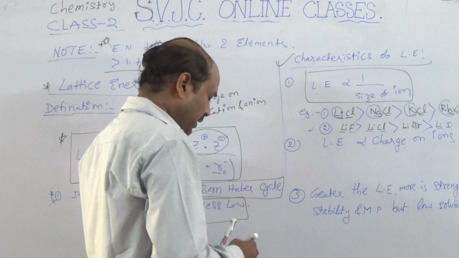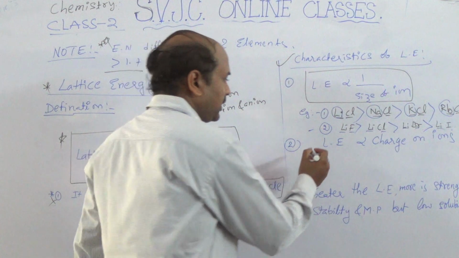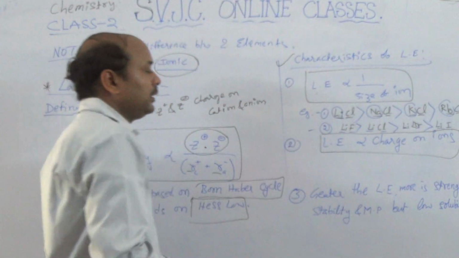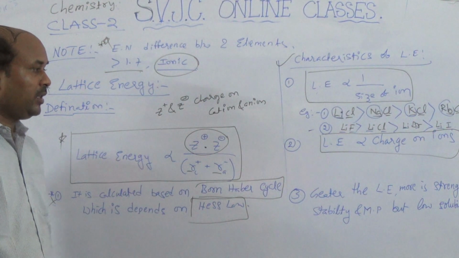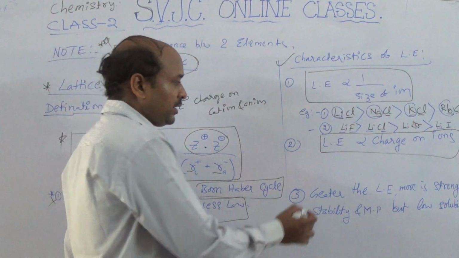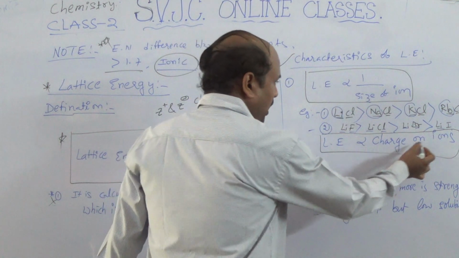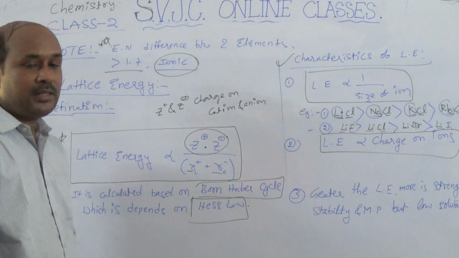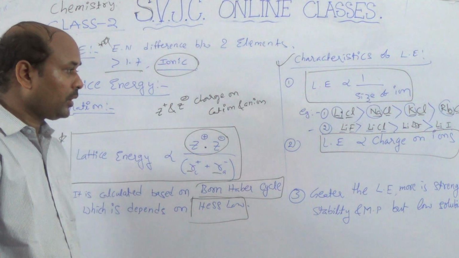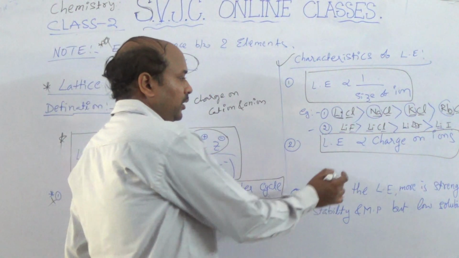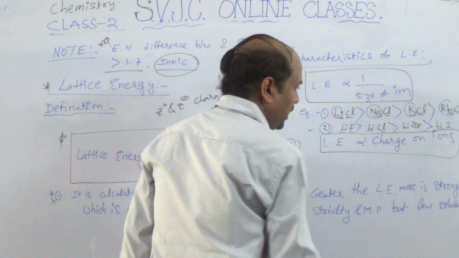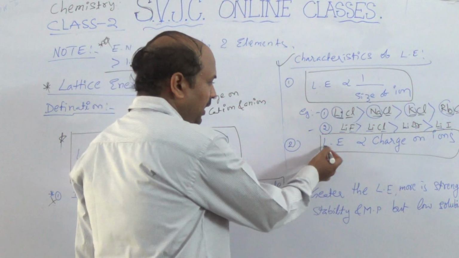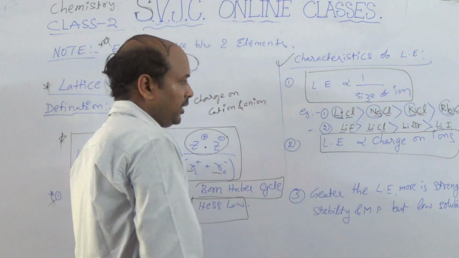Then the next characteristic property of lattice energy is that lattice energy depends on the charge on the ions. That means the greater the charge on the ions, the greater the lattice energy. That is, as the charge on the ions increases, the lattice energy also increases.